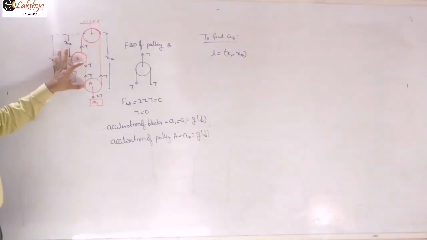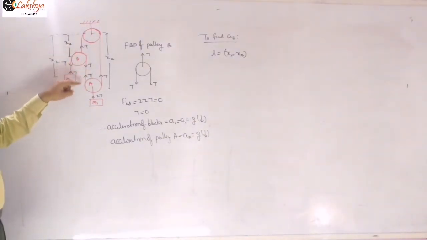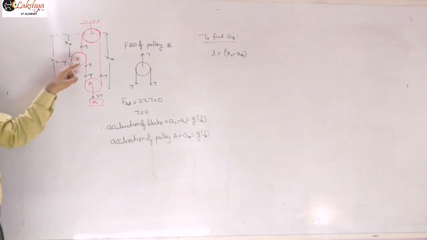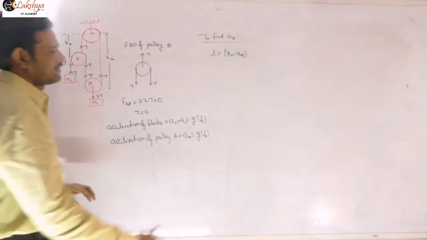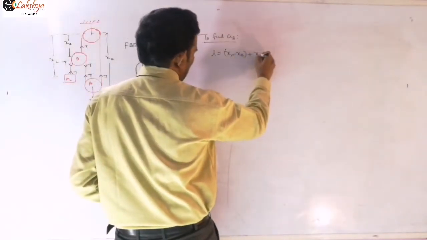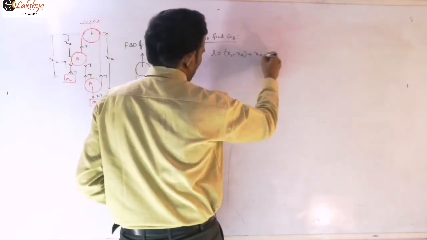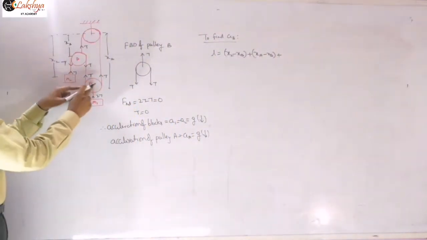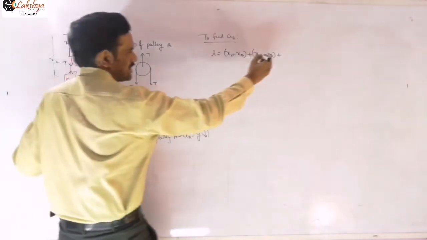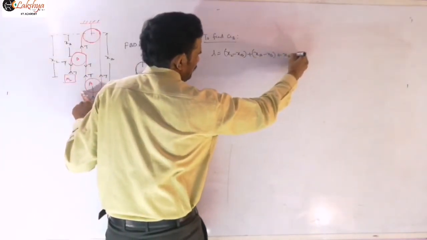And then this part we need to write here. Can you say how to write this part length here? This part length is nothing but XA minus XB. So that is XA minus XB plus. So then up to here it is completed. Next this part. This is XA plus.